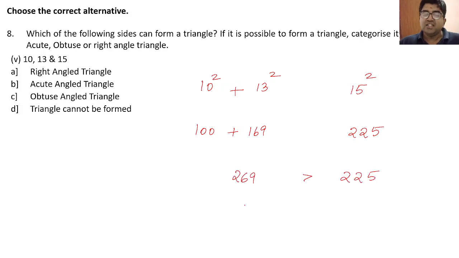This comes under the category a square plus b square greater than c square. It is a confirmed acute angled triangle. So for this question, the correct answer is option B.